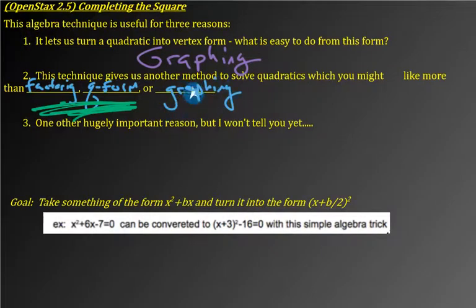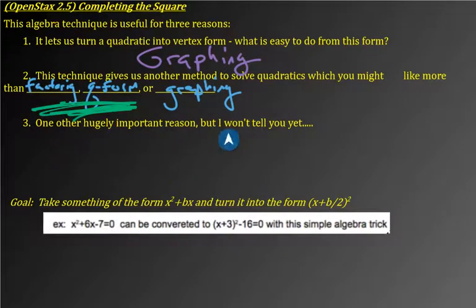This should never be how you solve quadratics. It really is not useful. Like literally if it's an imaginary number, you can't even see the solution with the way that you know how to graph. So you really should just stick with this, but technically if you want, you can complete the square to solve quadratics too. And then one other hugely important reason, but I'm not going to tell you yet.